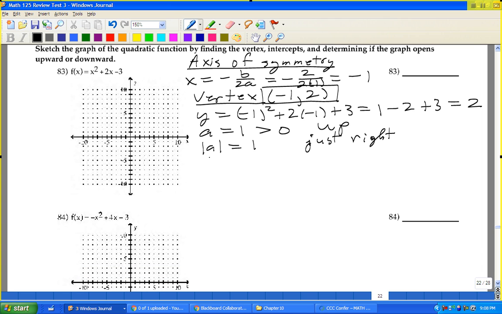And the y-intercept, found by setting x equal to 0, is just, well, 0 squared is 0 plus 2 times 0 is 0 minus 3 is a negative 3.